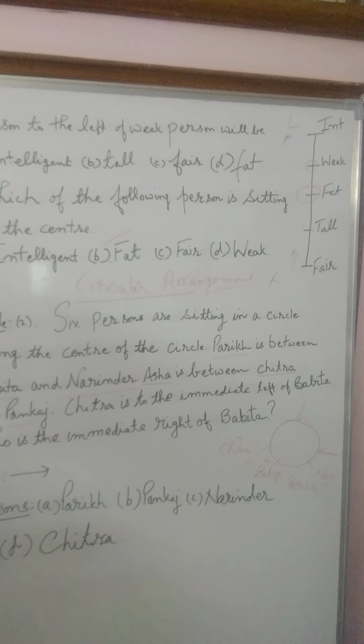Clear? Now he asks who is the immediate right of Babita. Chitra is the immediate left of Babita. On the right-hand side of Babita is Parik, and on the right-hand side of Chitra is Babita, and Chitra is on the left of Babita. Clear?